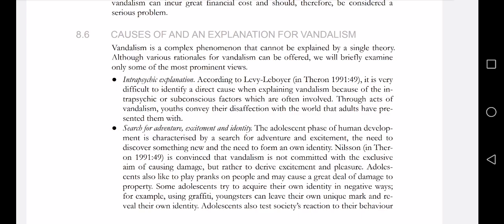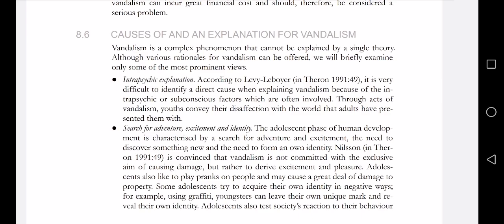Intrapsychic explanation. According to Levi Leboye in Theron 1991, page 49, it is very difficult to identify the direct cause when explaining vandalism because of the intrapsychic or subconscious factors which are often involved.